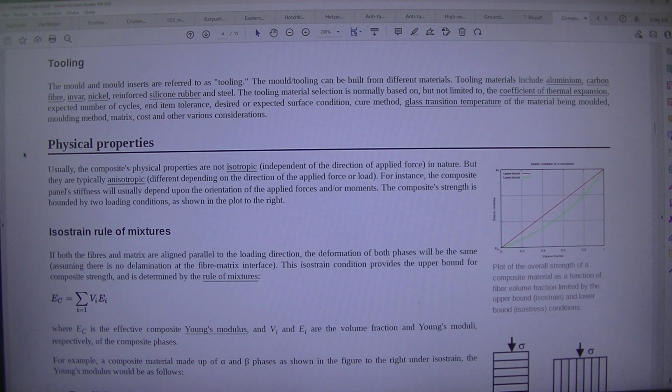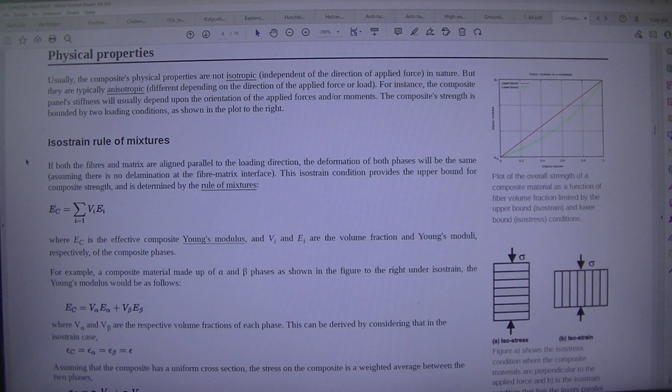Physical properties. Plot of the overall strength of a composite material as a function of volume fraction, limited by upper bound, isostrain, and lower bound, isostress, conditions. Usually, the composite's physical properties are not isotropic, independent of the direction of applied force, in nature.